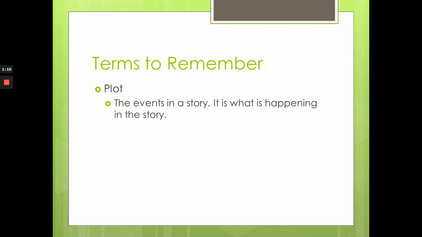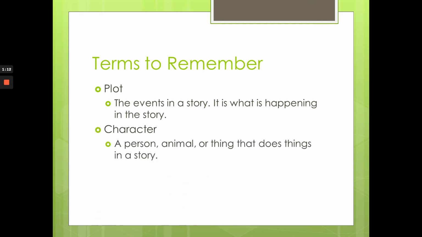Our next term to remember is the character. Everybody say character. And the character is a person, animal, or thing that does stuff in the story.